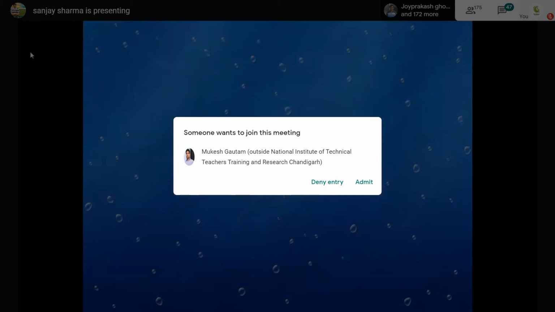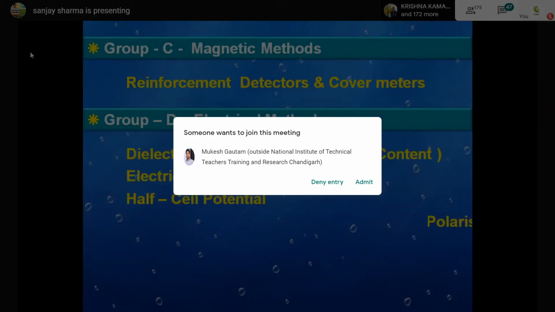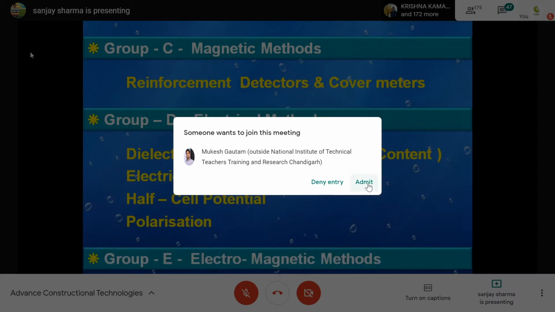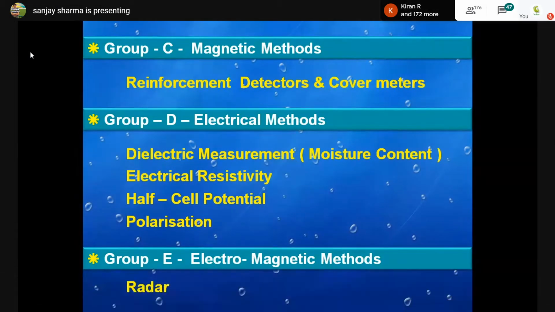Under the magnetic methods, the commonly used ones are reinforcement detectors and cover meters, where we can find the reinforcement details, its diameter, its spacing, and the cover to the reinforcement.